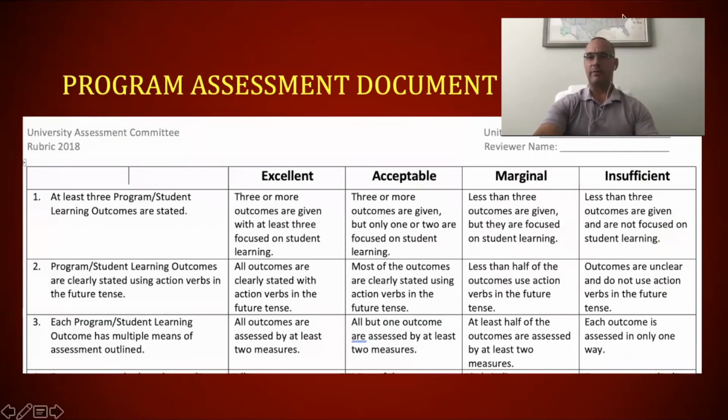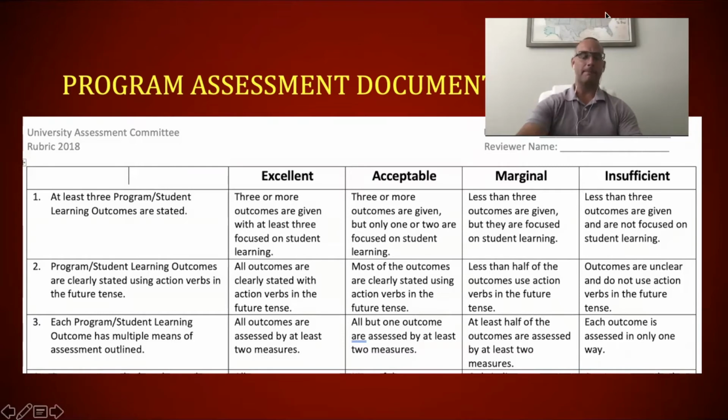And then sort of a final note on our program assessment document rubric. So program directors, there's a common evaluation rubric that the UAC is going to use when evaluating your programs.